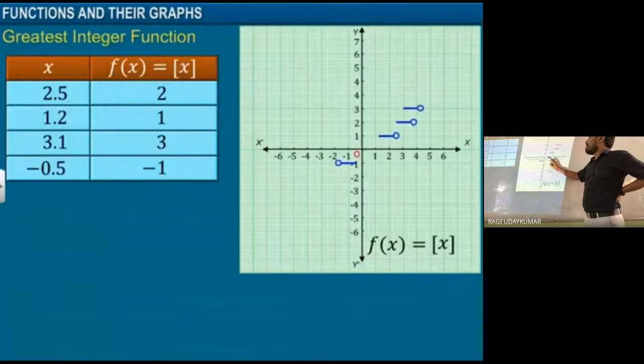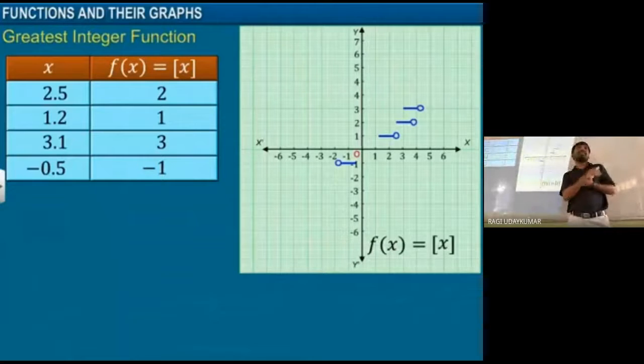Whenever you take 1, for whatever numbers are between 1 and 2, it is 1 only, but when it is 2, it is not equal to 1. That's why put a circle in the case of 2. So it breaks here, that is why it is shown to you like that.